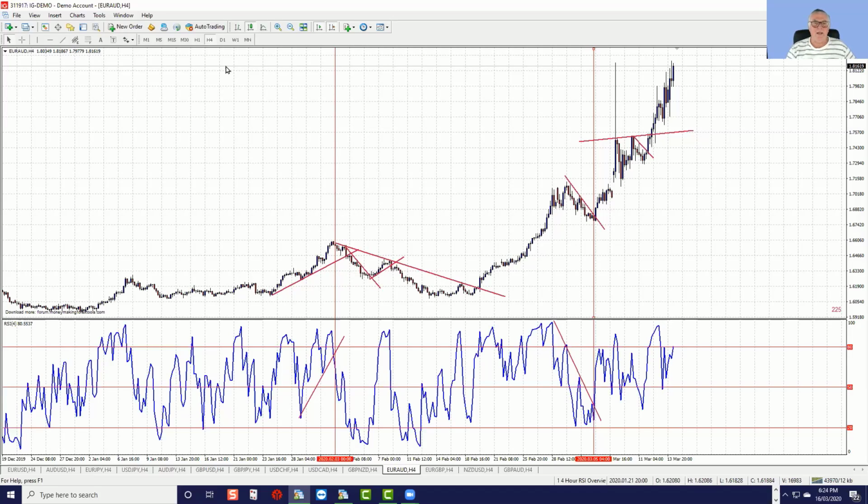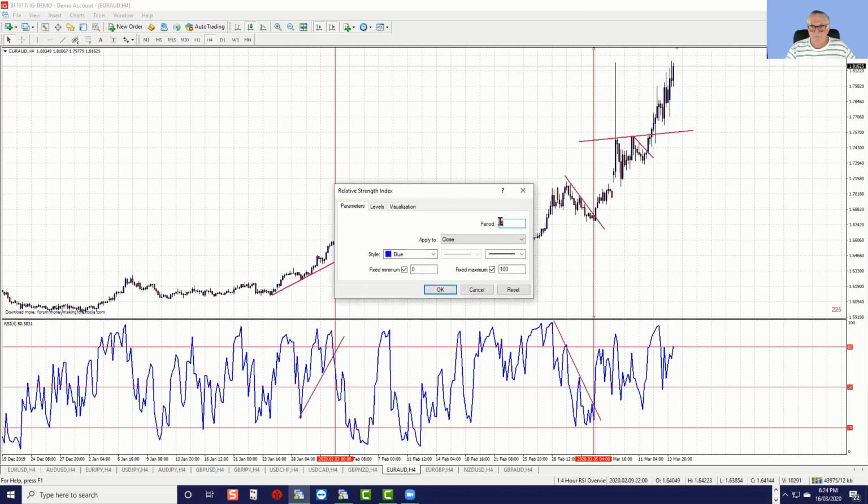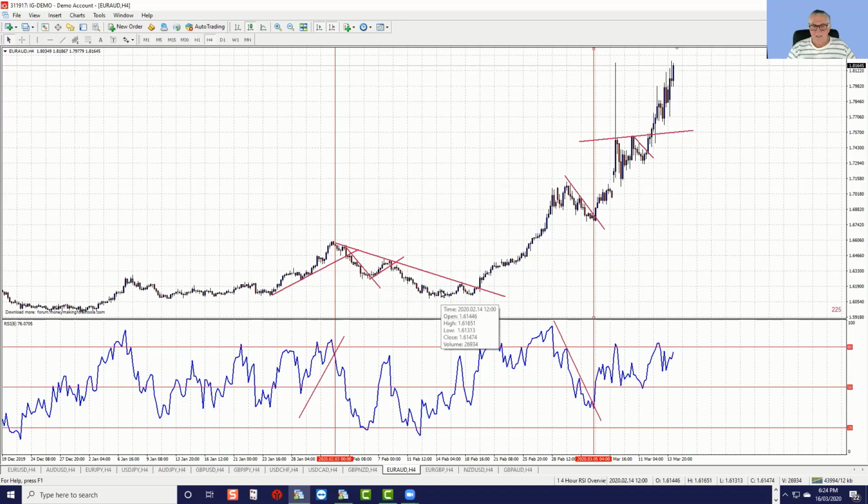Mainly why. If we take this RSI down here and we make it, let's just make it 8. Now before I hit the OK button, can you see how many overbought and oversold conditions exist? Now if I make it 8, suddenly most of them disappear.